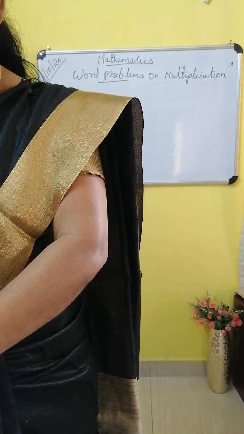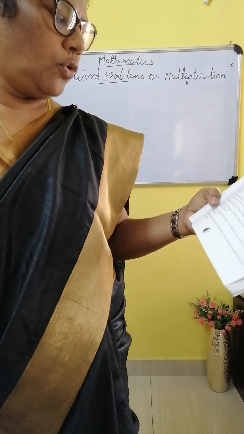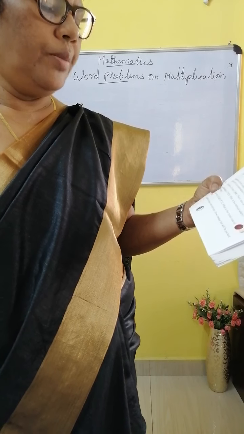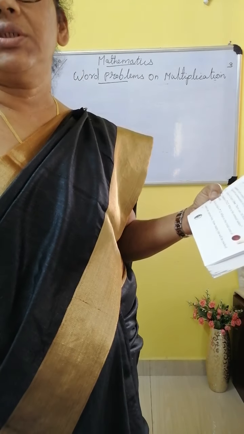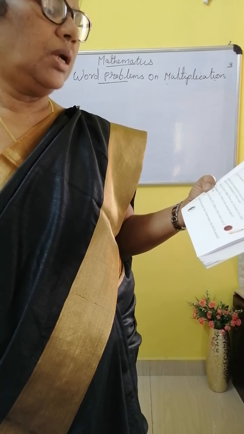Next one, let us find out number 7. Question is, 62 tins of colas can be packed in one cartoon box. How many tins will be packed in 112 cartoon boxes? Okay, see the question properly, read the question, then try to do it yourself.